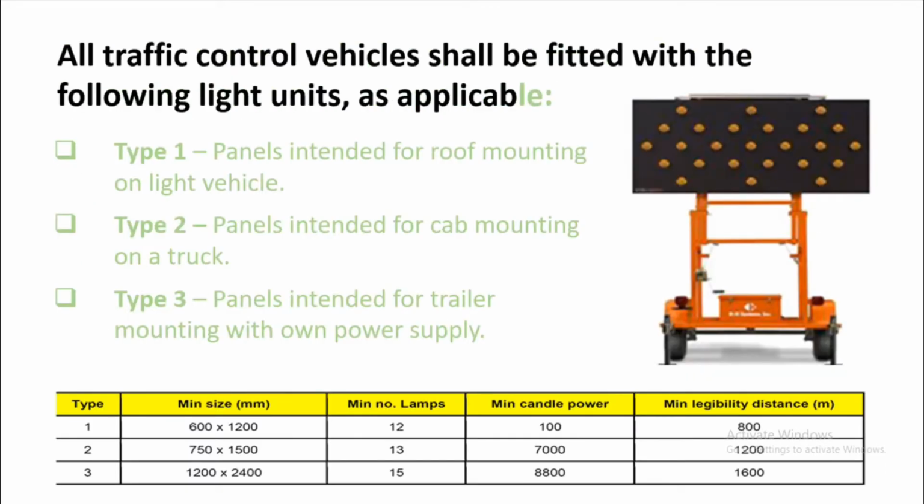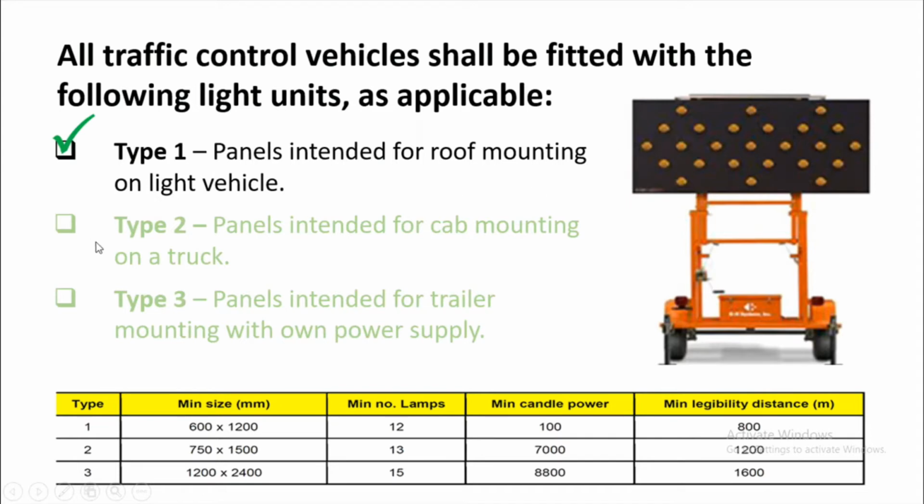All traffic control vehicles shall be fitted with the following light units as applicable. Type 1: panels intended for roof mounting on light vehicles. For example, on the side there is a panel of traffic control light units, as you can see there.